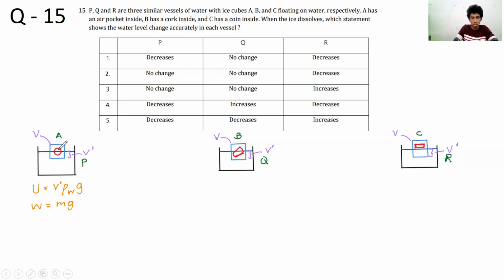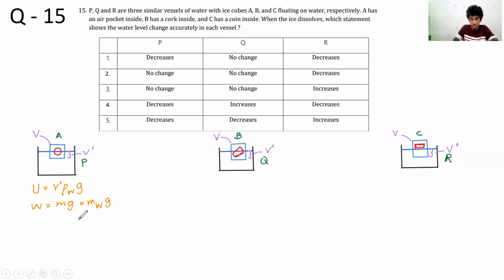Here we can neglect the mass of the air. Then this is really important. When the ice cube is dissolved, the mass of the ice is exactly equal to the mass of the dissolved water because the mass doesn't change. Therefore, we can write this as mW into G. mW is the mass of the dissolved ice, that means it's the mass of water.